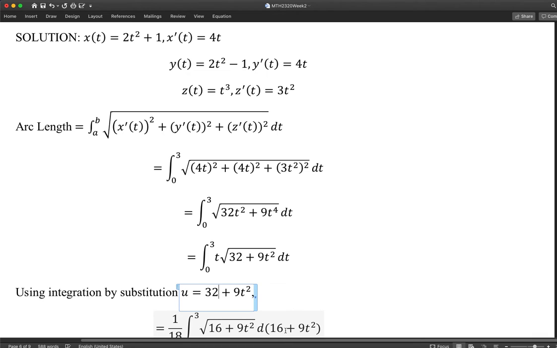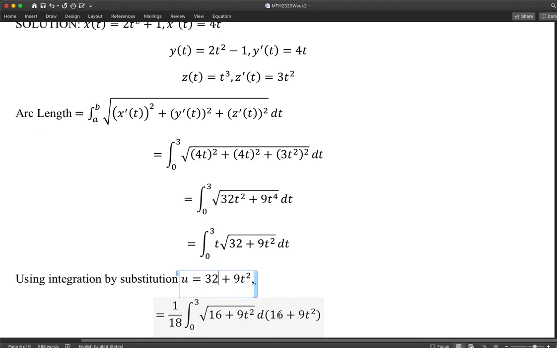Just to save some writing, I showed you the idea of substituting here. But in the actual writing of the integral, I'm trying to keep this in terms of t in its original form. I'm seeing this as u, and this part is the square root of u. When we consider the antiderivative, the square root is always considered as u to the 1/2, so u to the 1/2 du.